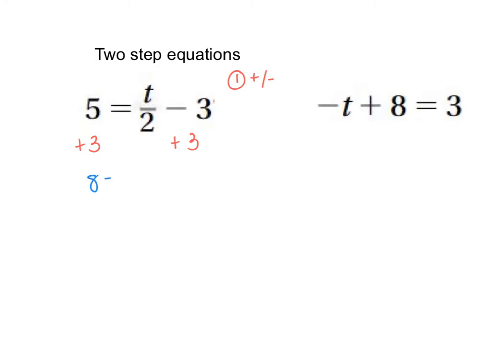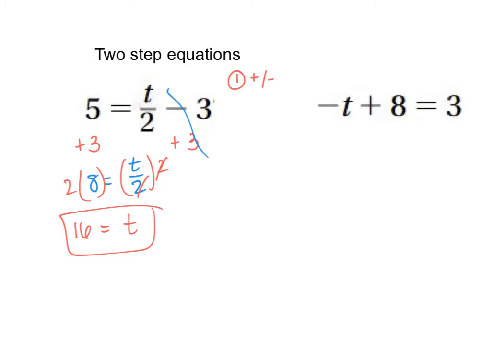This becomes 8 equals t over 2, because these are going to cancel. Now, let's multiply both sides by 2. We're going to get 16 equals t. All right. Remember, our second step was to multiply or divide.